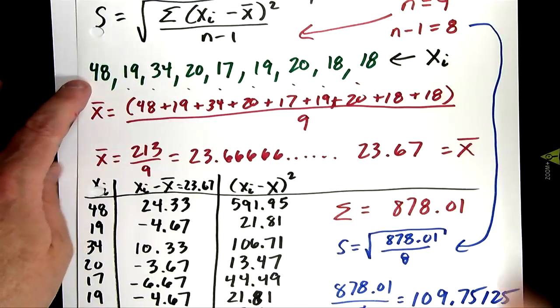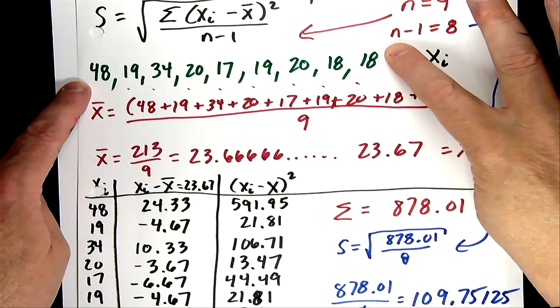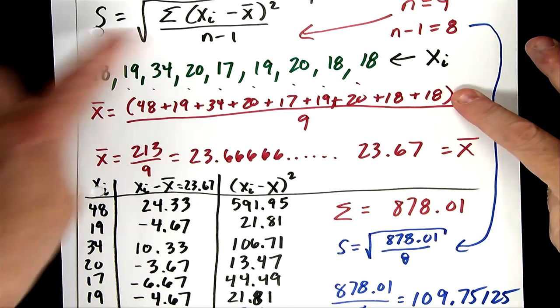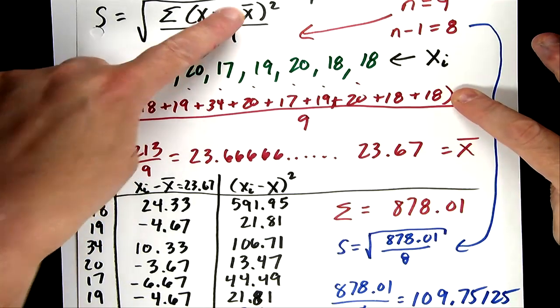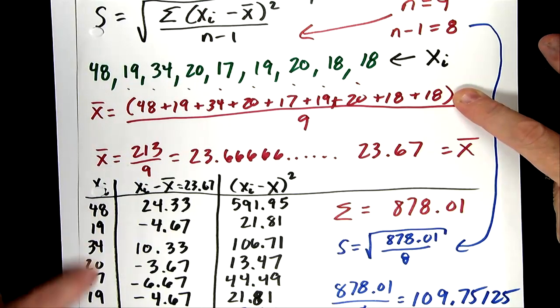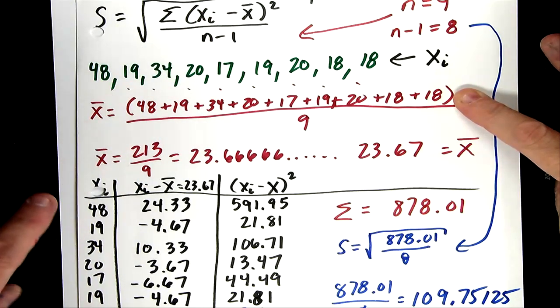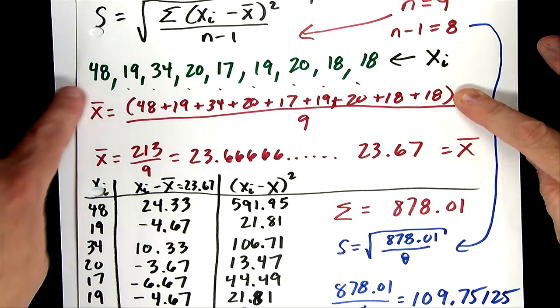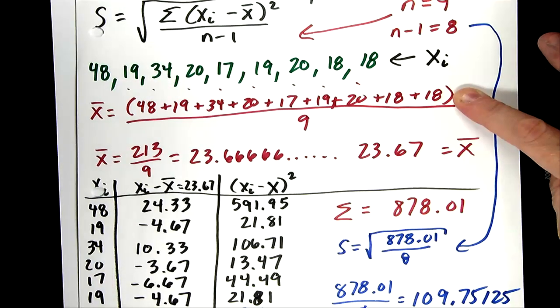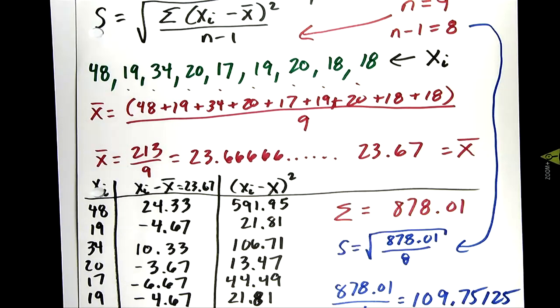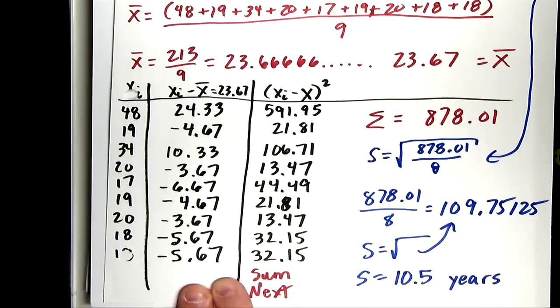Even if there's only 9 numbers, we got to find the average first, which is the x bar. Then we got to do all these. I listed the xi, which is each entry. Then I did the xi minus x bar. Then I squared it. Notice there's a lot of calculator work right here.